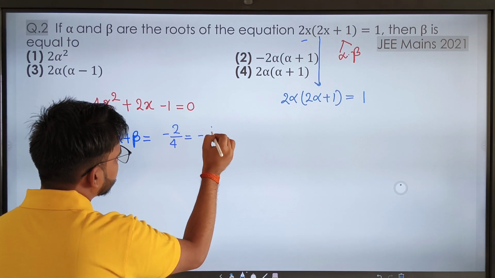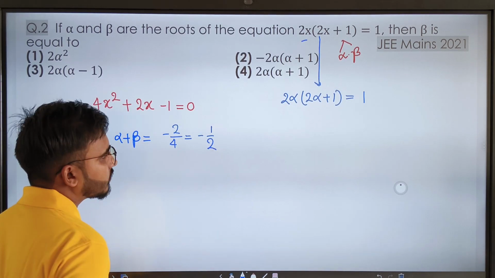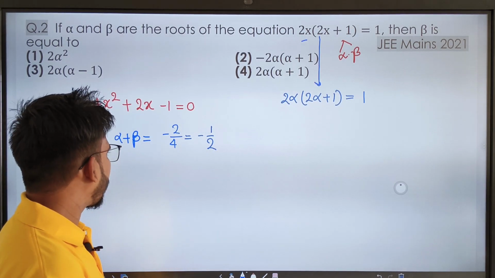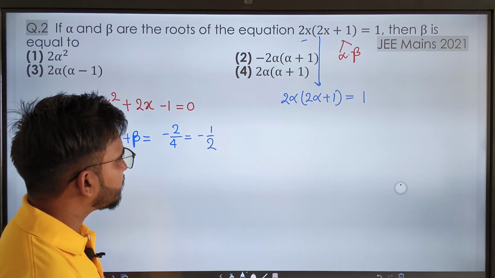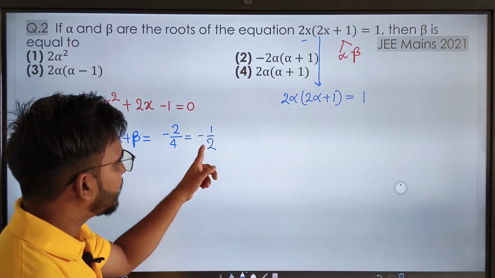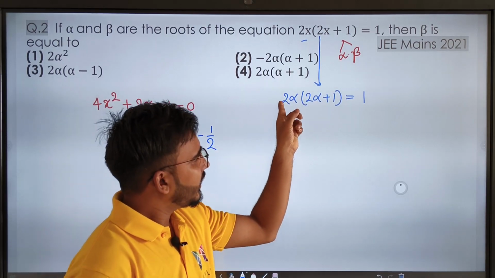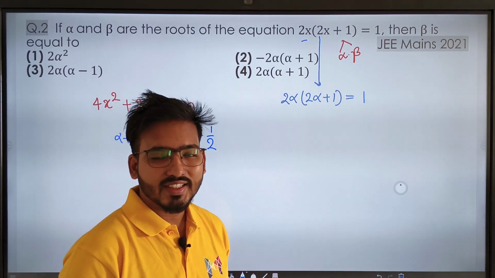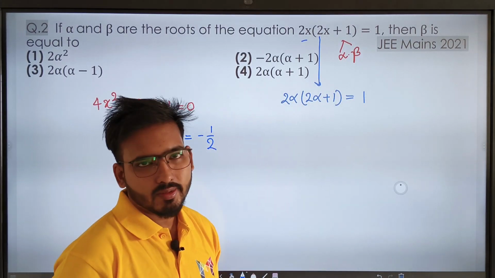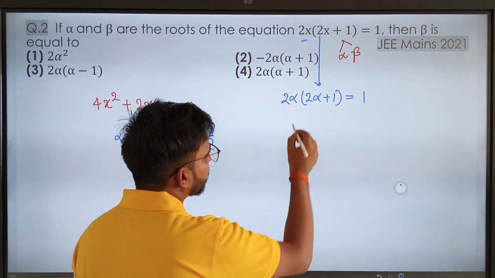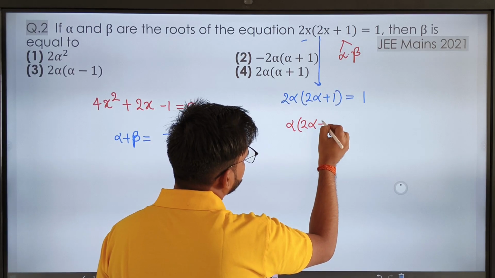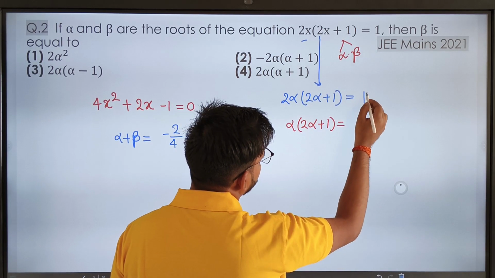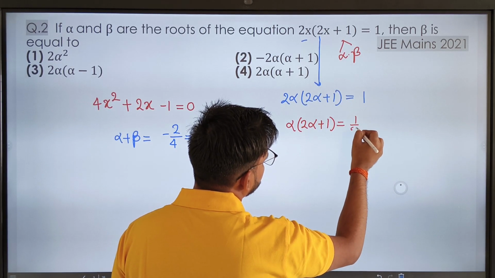So I think it is minus 1 by 2. If I observe closely, this is 1, and if I bring this 2 to the right hand side, we get 1 by 2. So can I write from this alpha into (2 alpha plus 1) equals 1 by 2.